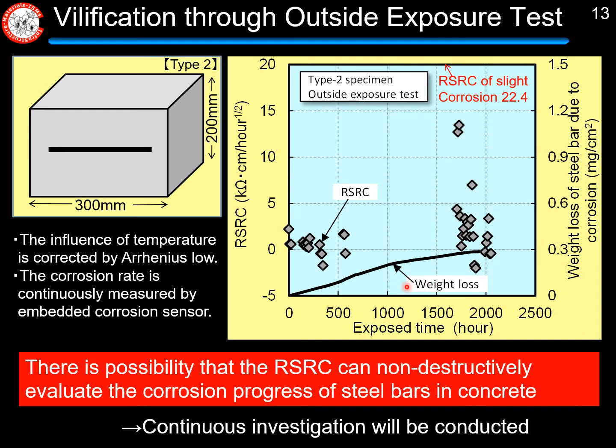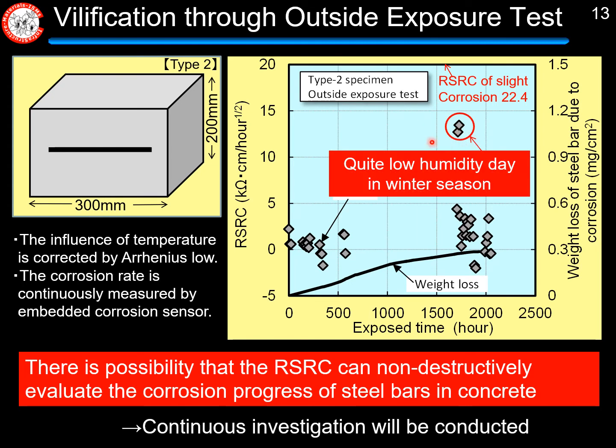So in this case also the corrosion is very low. However, these two plots are relatively high compared to the other data, so we checked the humidity on these days.